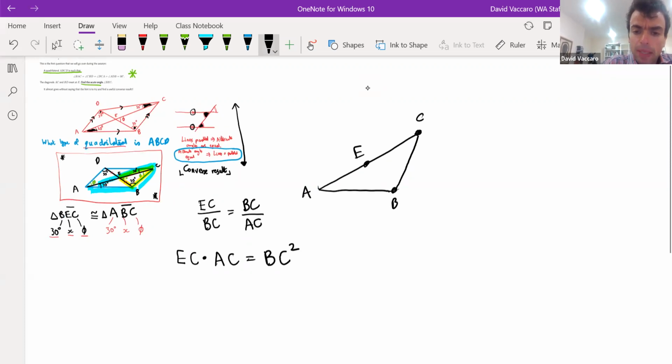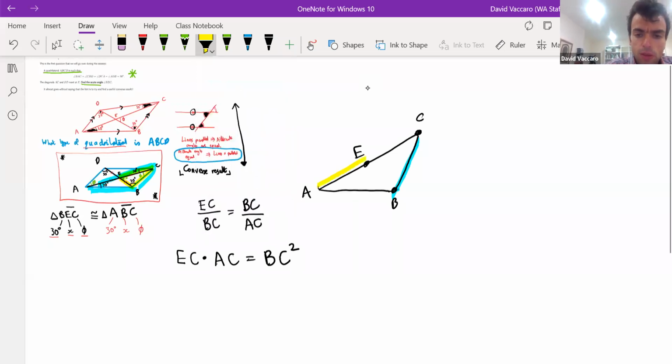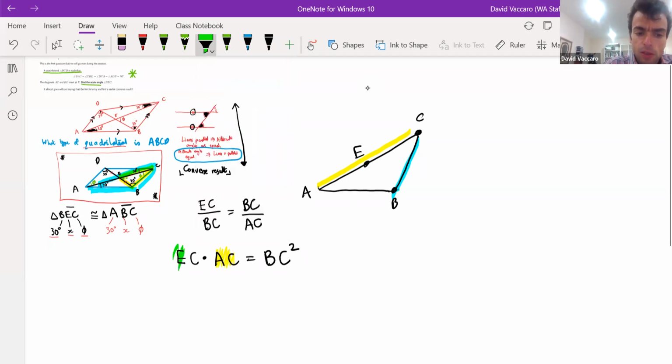And we've shown that BC squared, so this side, is AC, which is this length, multiplied by EC, which is this length.